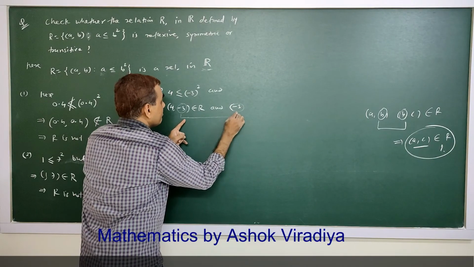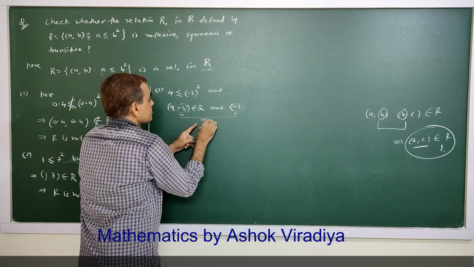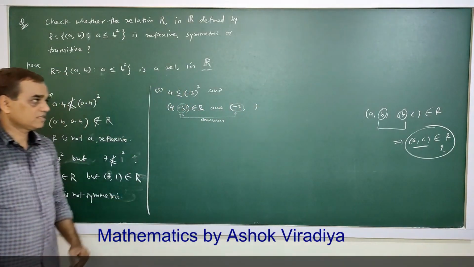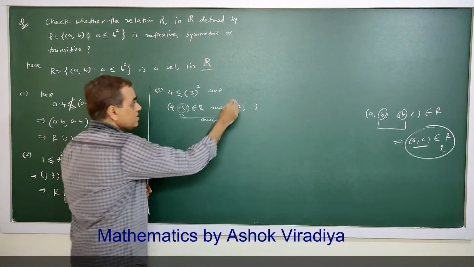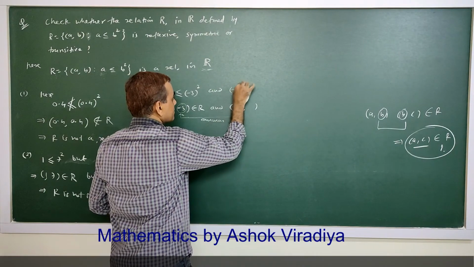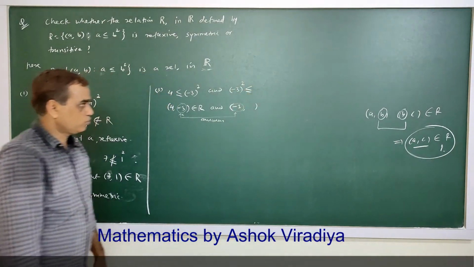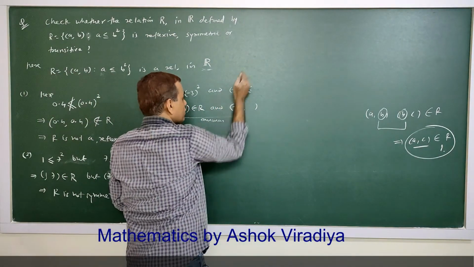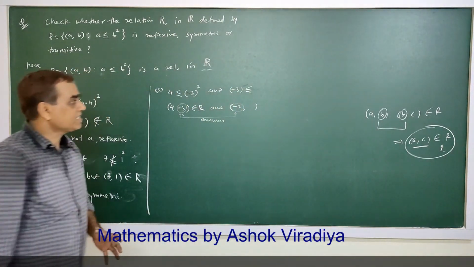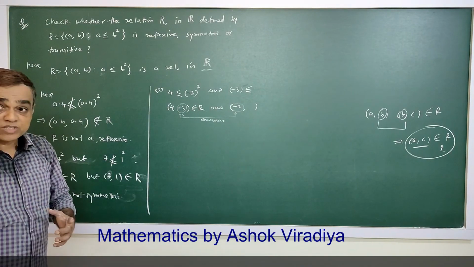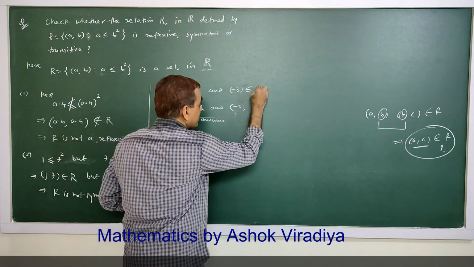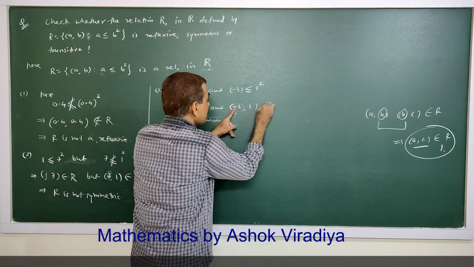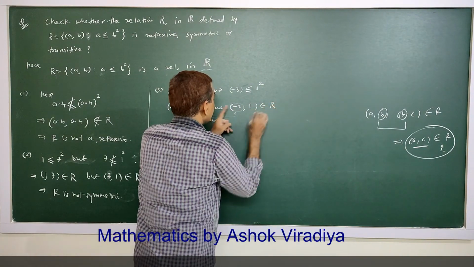This number I am taking common. Now selection of the second number by trick. Here we keep minus 3, not squared, on the left side we keep this number, minus 3 less than or equal to. Now see, if I keep here 1 squared, this is true. So (-3, 1) belongs to R.